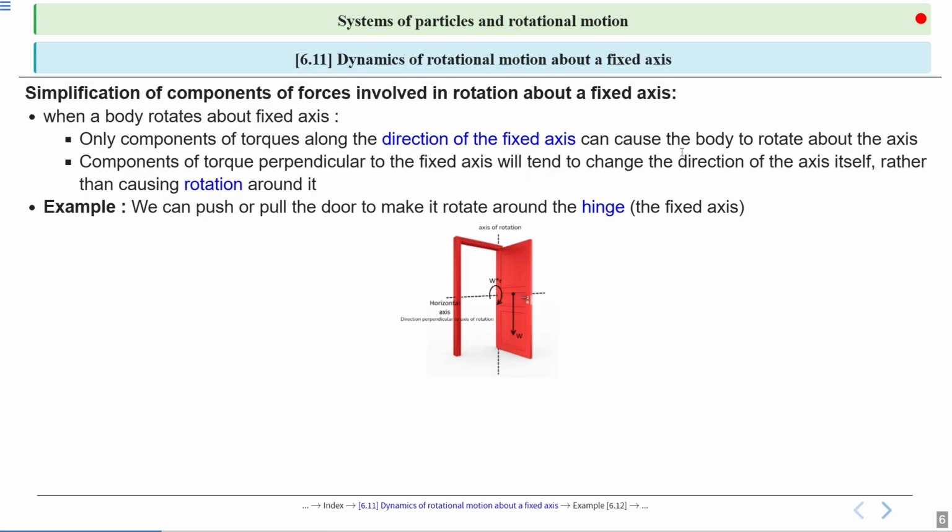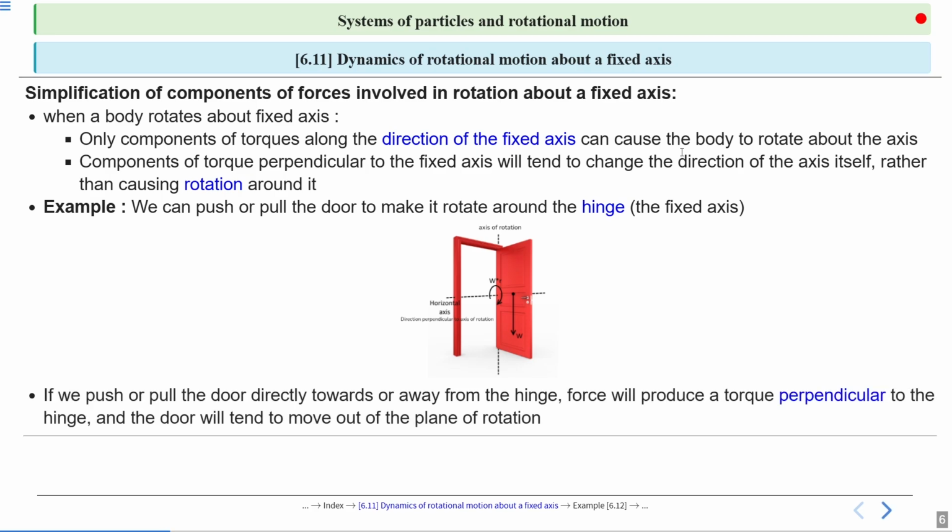Now second, some forces don't cause rotation. Suppose I push the door towards the hinge. In that case, what will happen? Tell me. The door won't open easily.